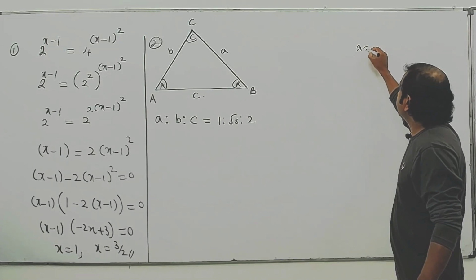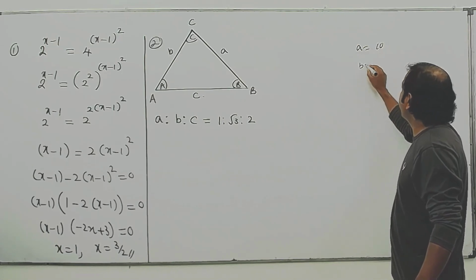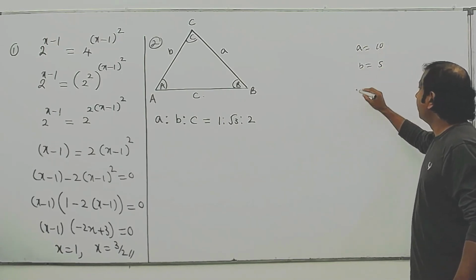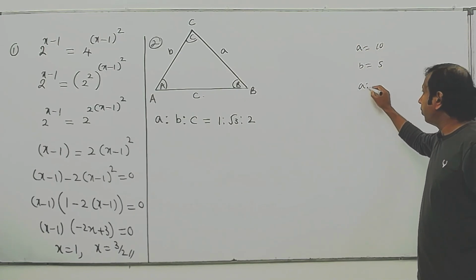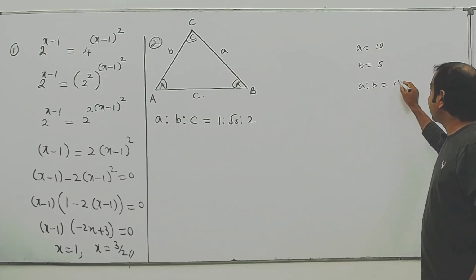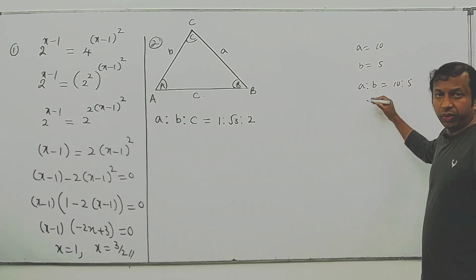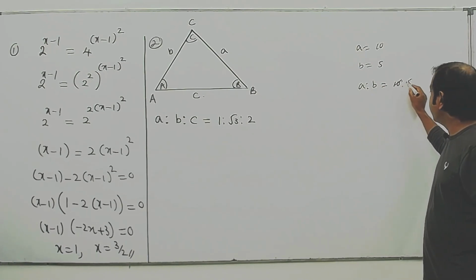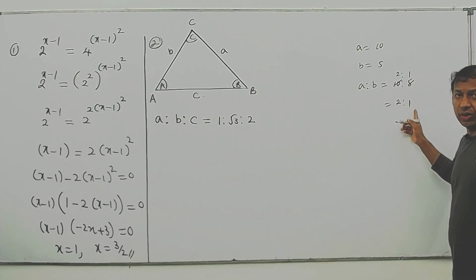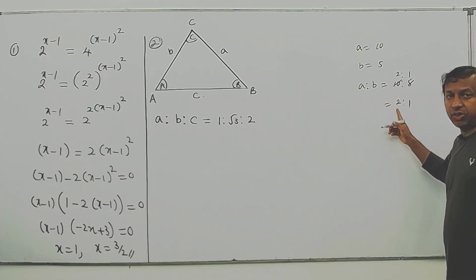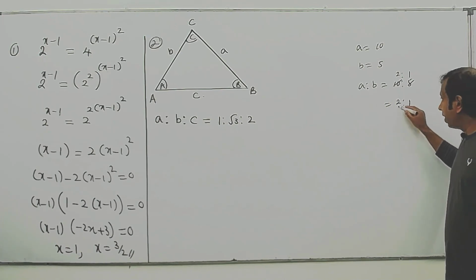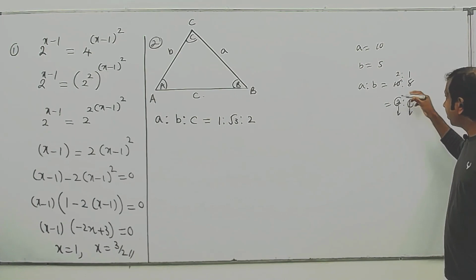For instance, if A has 10 rupees and B has 5 rupees, then the ratio of the amount of money they have we can write like this. We can further write this ratio in the simplest way as 2:1. The ratio figures are 2:1. Then the actual amount of money is not 2 and 1. To get the actual amount of money, we must multiply this 2 and this 1 by what? This 5.